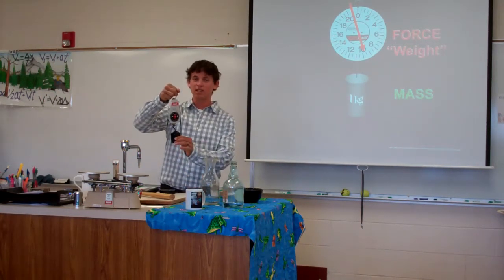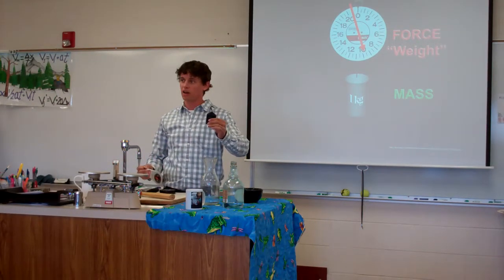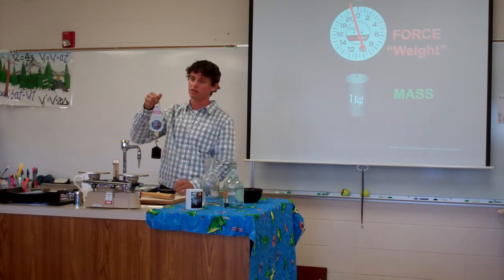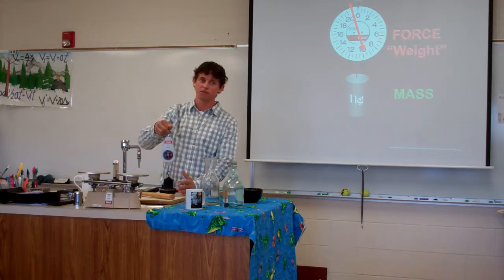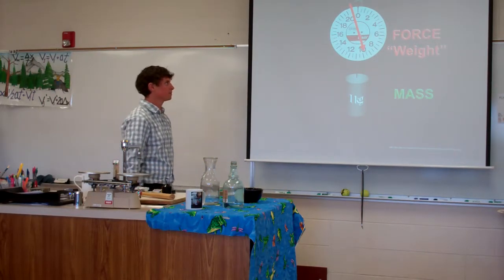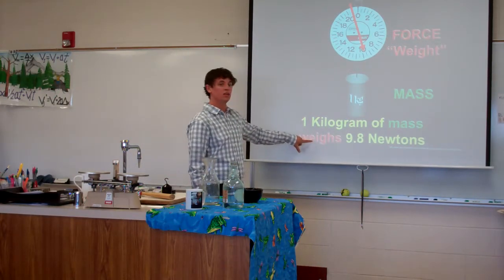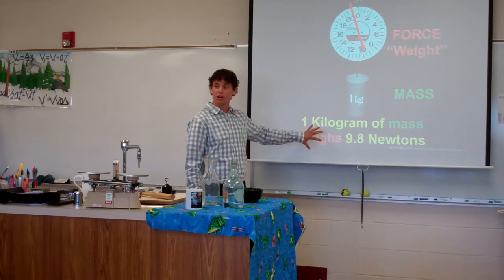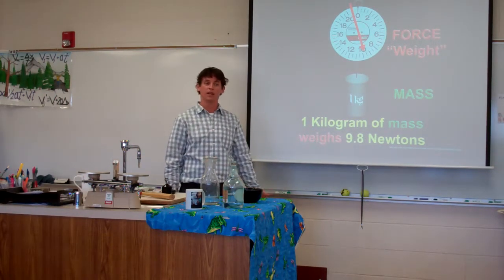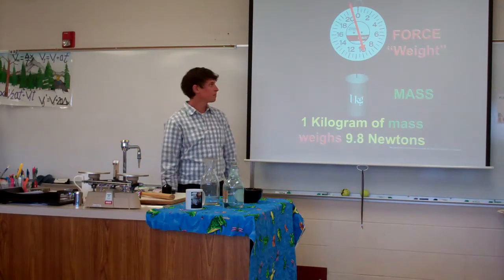Okay, so 1 kilogram weighs 9.8 newtons. All right, now what if we take this to the moon and bring the same spring scale? Then what'll happen? Okay, so here a kilogram weighs 9.8 newtons. That doesn't work everywhere. That's only on the surface of the Earth where gravity is rated at 9.8 for the acceleration due to gravity.